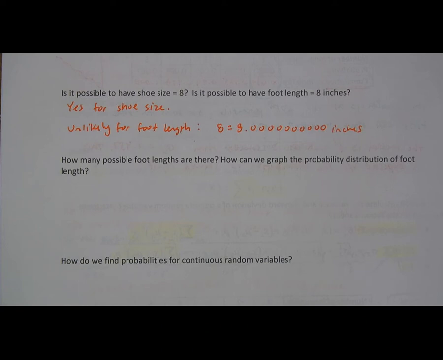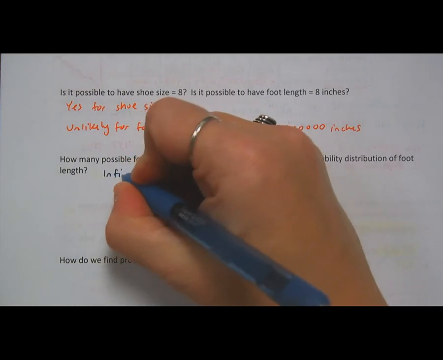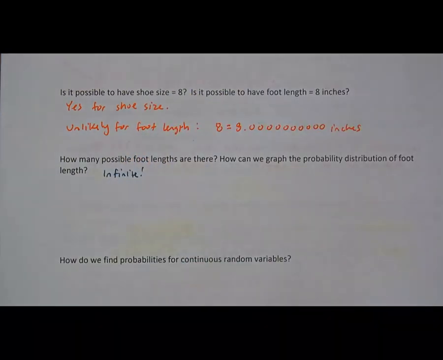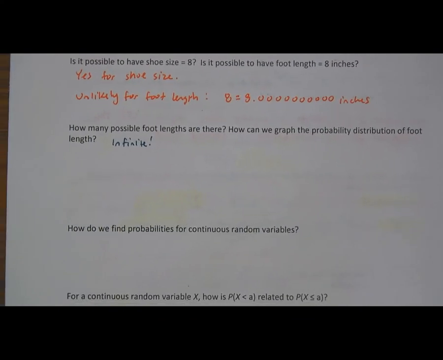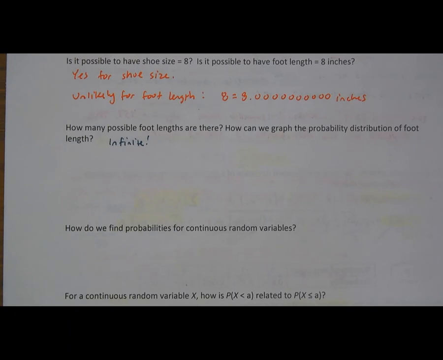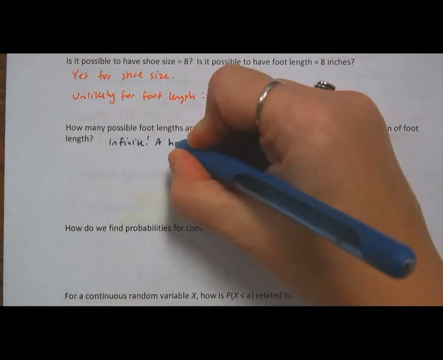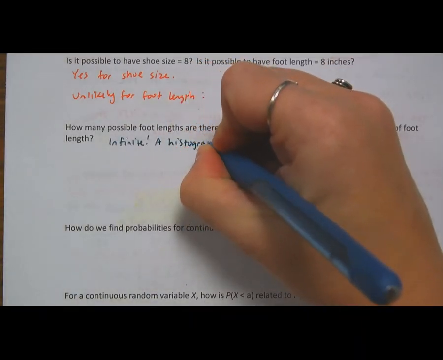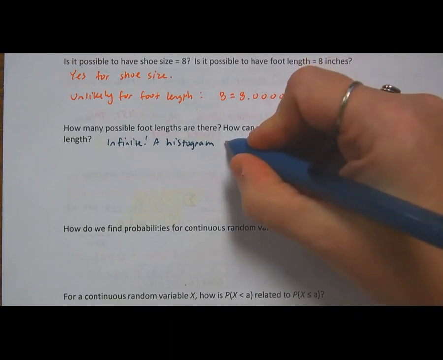Well, I'm going to build on that concept. So how many possible foot lengths are there? Well, that would mean that they're infinite. There are infinite foot lengths, technically. So how could I graph a probability distribution of something that's infinite? It would be a histogram with an infinite number of skinny bars, and I'll draw you a picture in just a second.